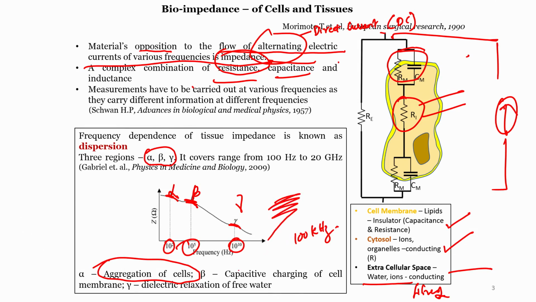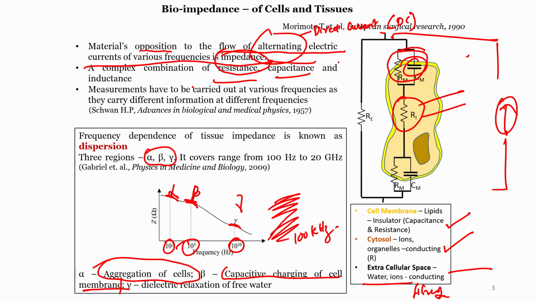Okay, so the dispersion is because of the alternating current and its frequency. That is why the beta dispersion is contributed by the capacitive charging of the cell membrane, because as we have seen, the cell membrane has a capacitor in it, Cm.